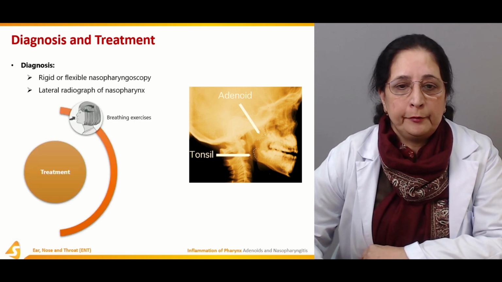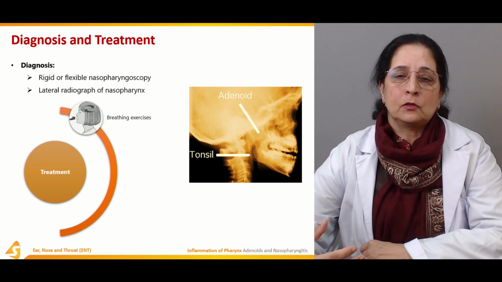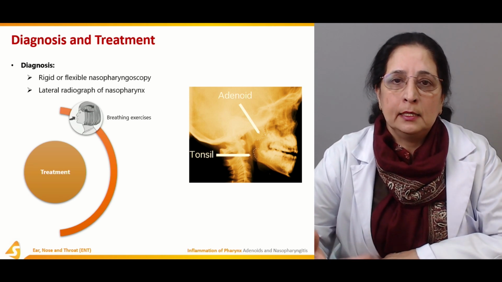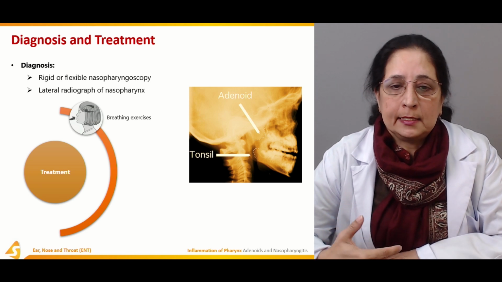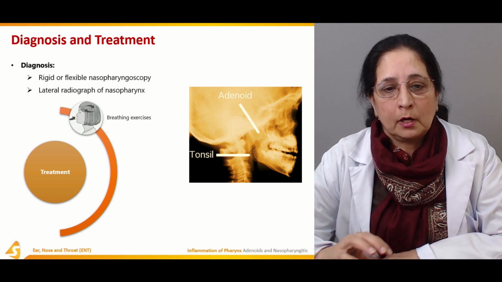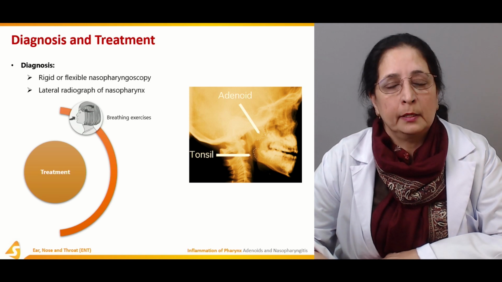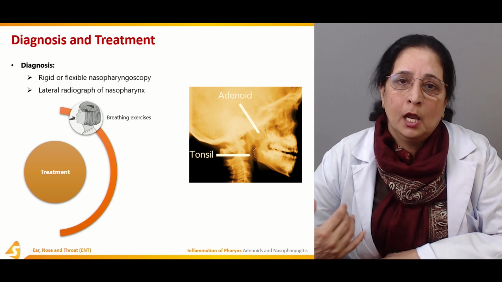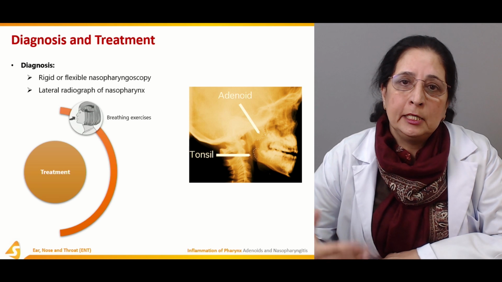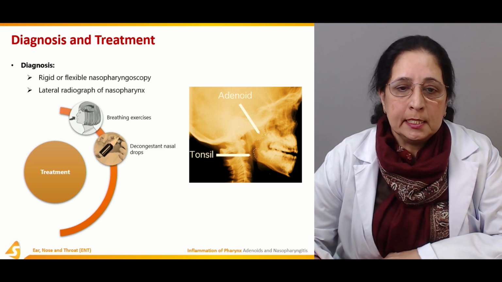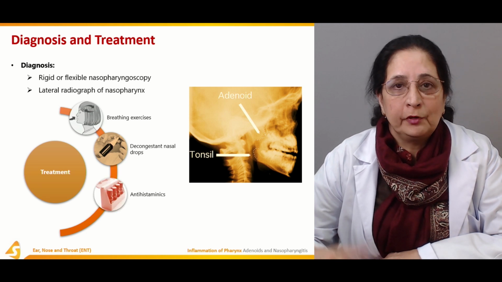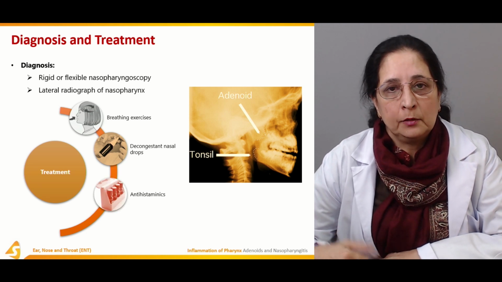Treatment is breathing exercises, since it's causing nasal obstruction, difficulty in breathing. Breathing exercises are important to teach the patient how they can breathe easily. Decongestant nasal drops to relieve the congestion and to breathe a little easily.